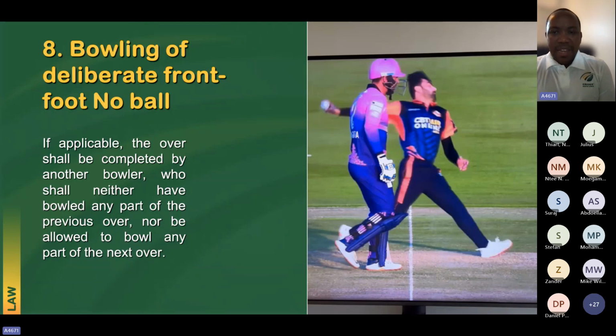So what we normally find in terms of bowling of deliberate front foot no balls, and it's not a very common offense that is committed, is usually if there has been a bit of niggle between the bowler and the striker. And maybe the striker nicked it and it wasn't a DRS match, and the striker was caught, but the umpire didn't hear the nick and so didn't give the striker out caught.